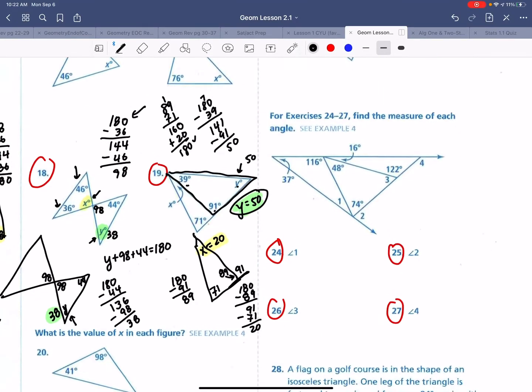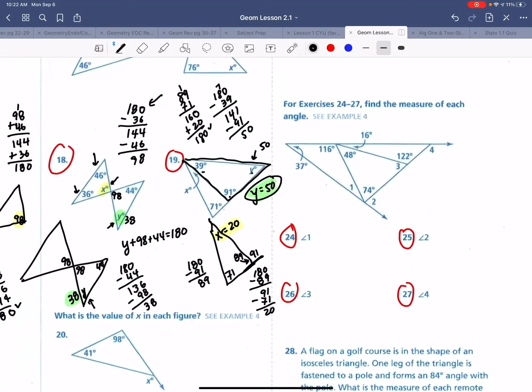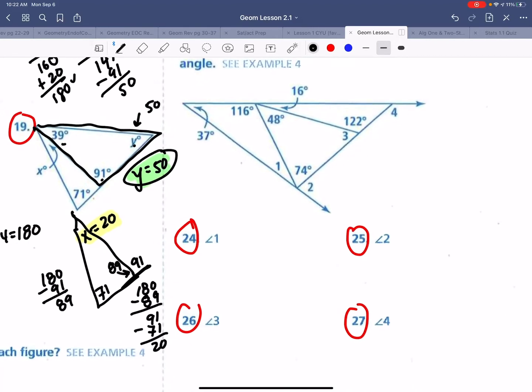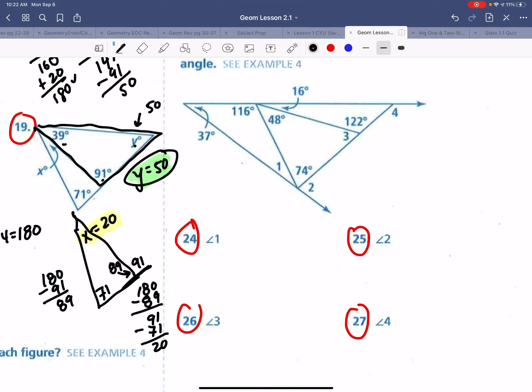All right, now they're asking, using just this big blob of a bunch of triangles, can we find the answer to angle 1, angle 2, angle 3, and angle 4? Okay. We could go in any order.